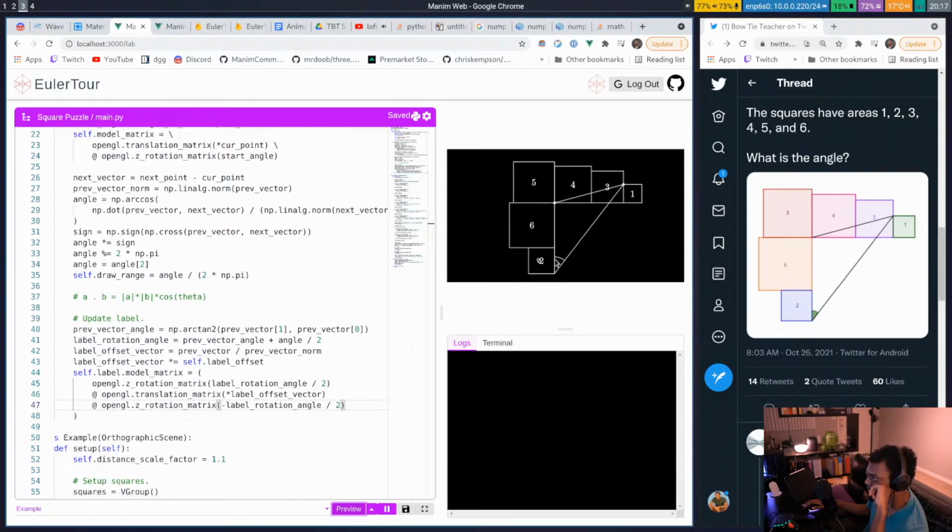I think I want to deal with this rotation first. And so that should just be the pre-vector angle. I think.